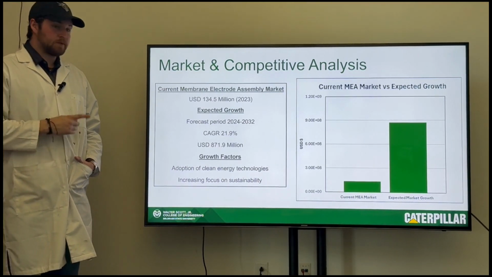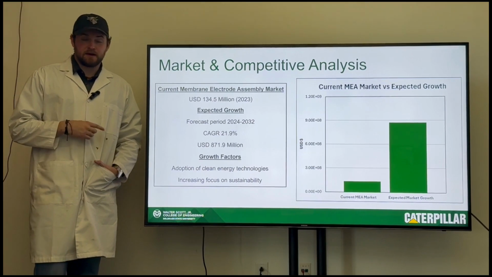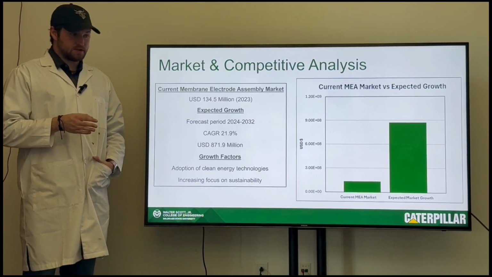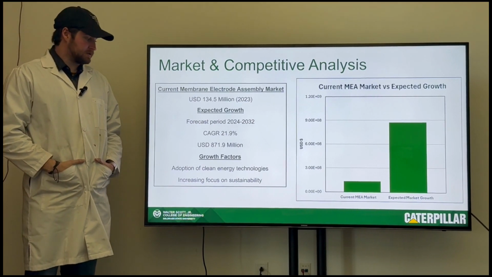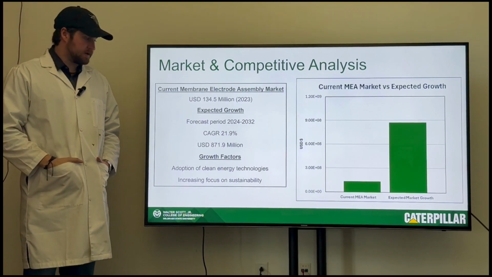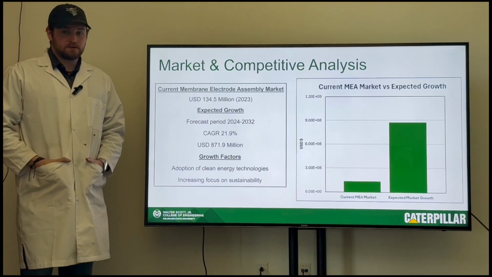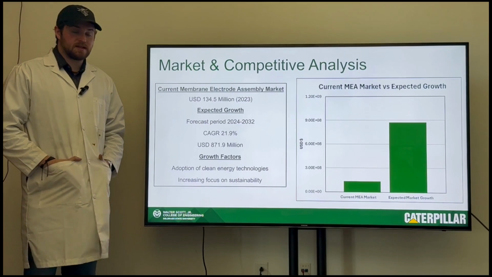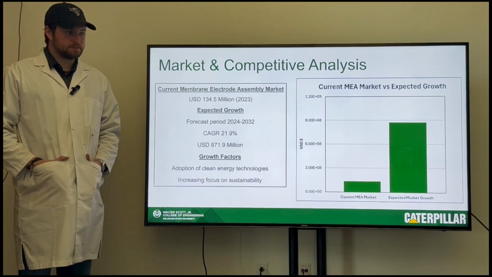main sections, one for the MEA, or the membrane electrode assembly, and then another for green methanol production. Looking at the MEA, the market currently sits at $135 million. Compounding over the next 8 years at about 22% would bring it to $872 million. And a lot of the growth factors for this exist around sustainable energy sources and just sustainability in general being a focus.